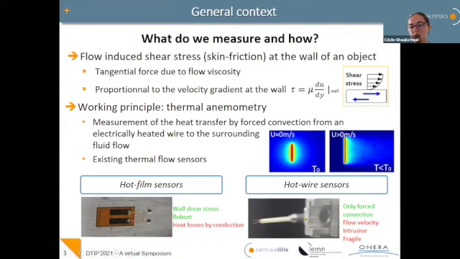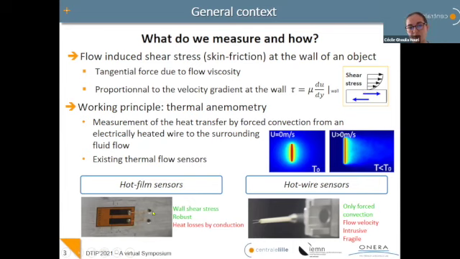But it's more useful for flow velocity measurements, since you have an intrusive measurement in the flow field, and they are very fragile, so they may not be very useful for wall shear stress measurement, even though some people sometimes use them to measure the velocity close to the wall.